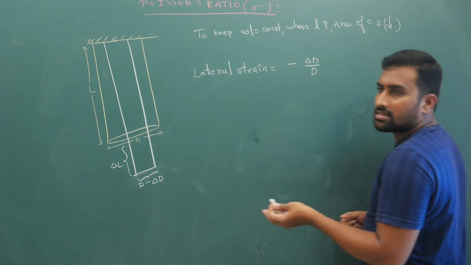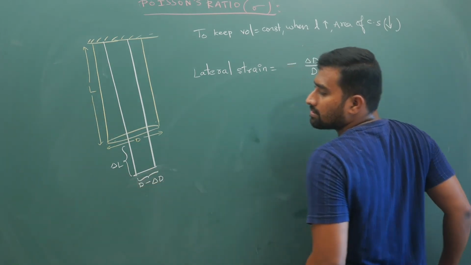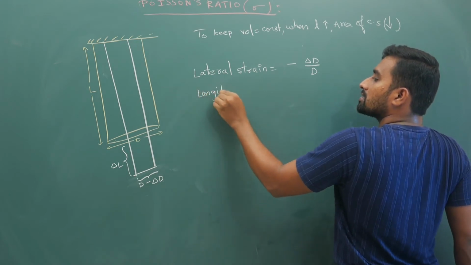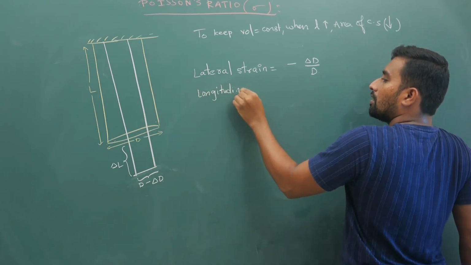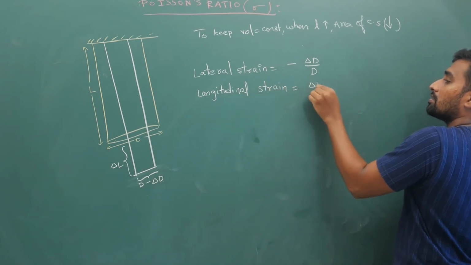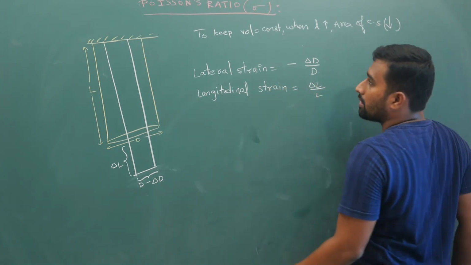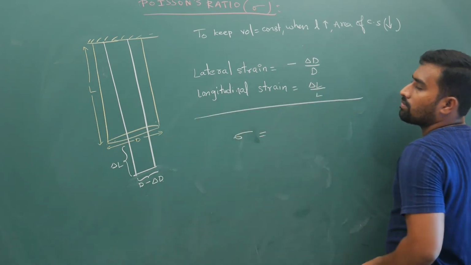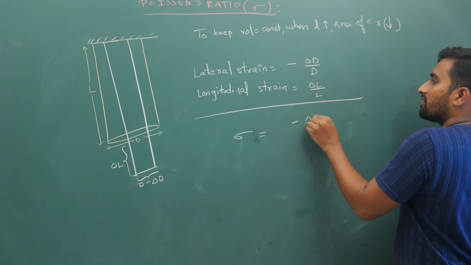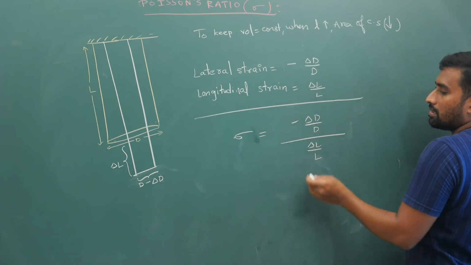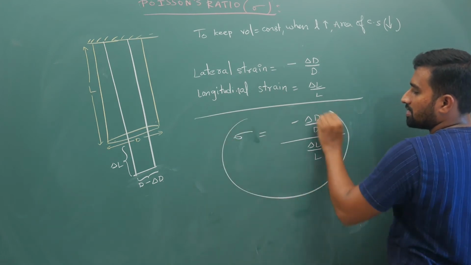Your lateral strain is along the cross section, and your longitudinal strain is change in length by original length. Now your Poisson's ratio sigma is equal to minus of delta d by d whole divided by delta L by L. This is your Poisson's ratio.